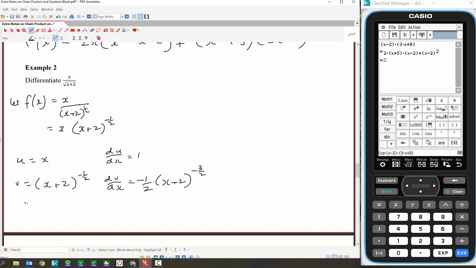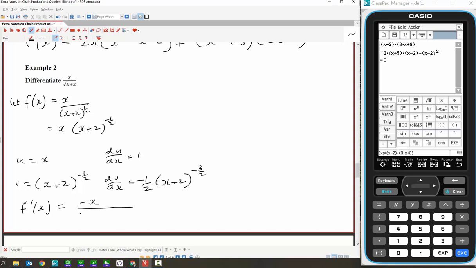All right, f dash x equals, so u dv dx. So that's going to be, what's it going to be? Negative x. Now this thing here, what I'm going to do is write that numerator as negative x, and I'm going to grab this negative index and throw it straight to the bottom and rewrite it with a positive index using that negative index rule from a few years ago.